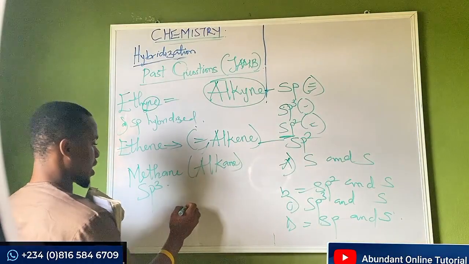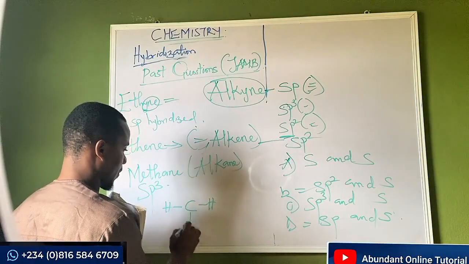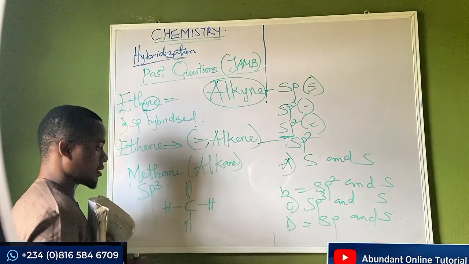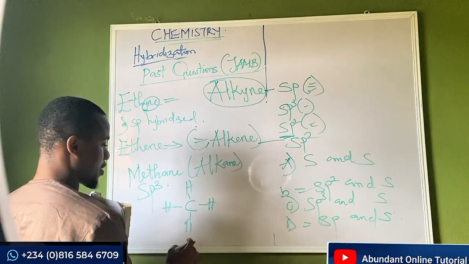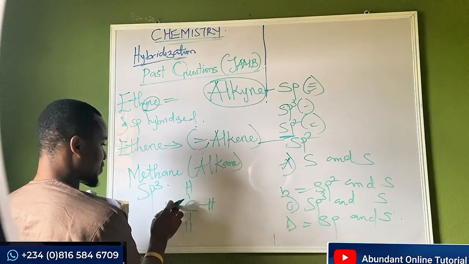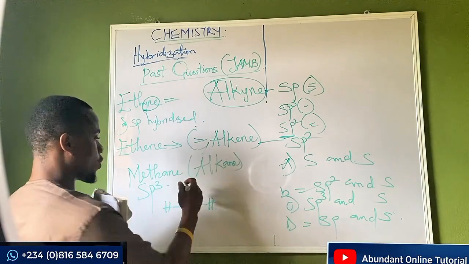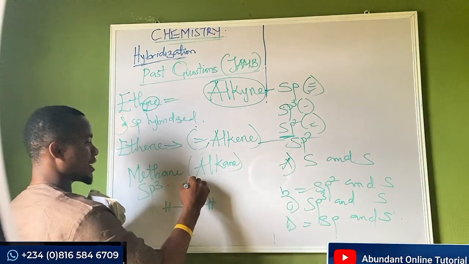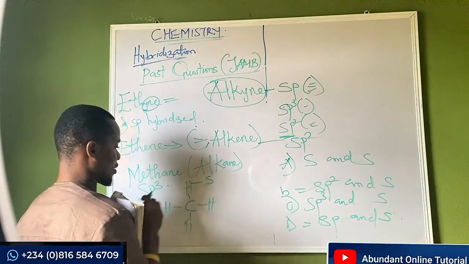Now for methane we have this. These orbitals are overlapping: sp3, sp3, sp3, sp3, each overlapping with a hydrogen. This hydrogen is s.